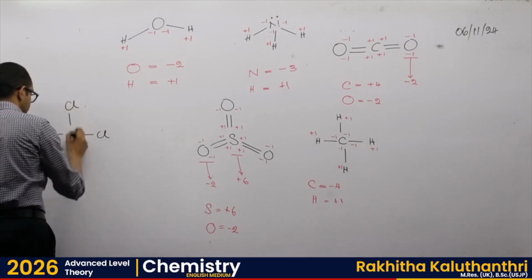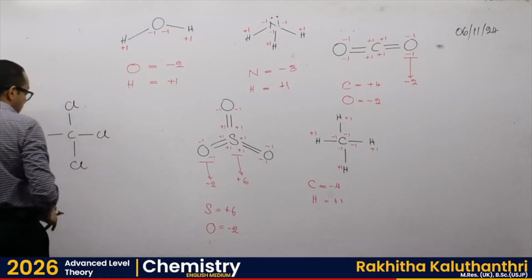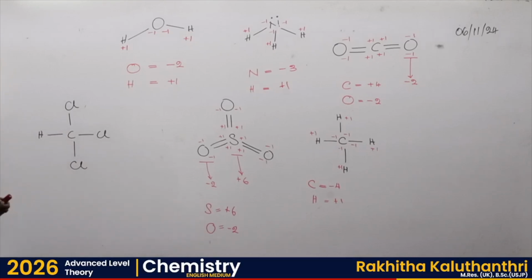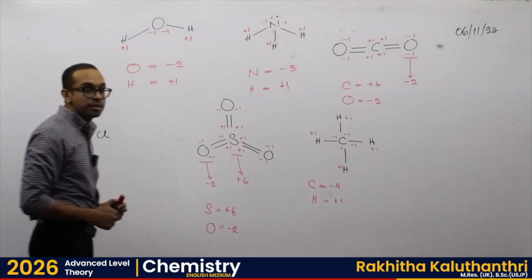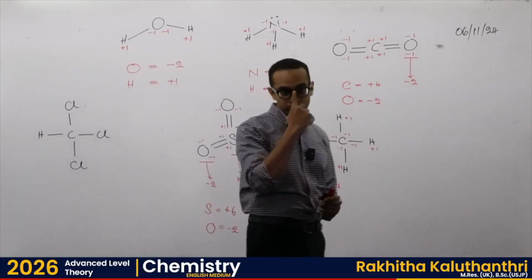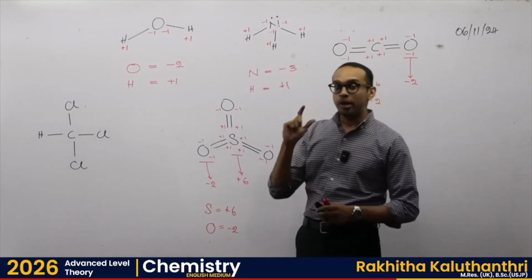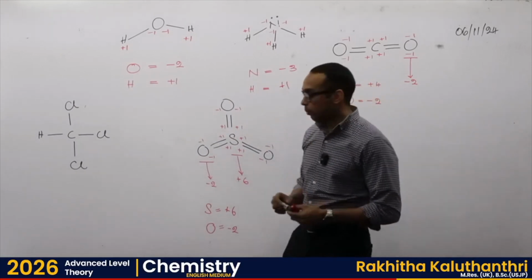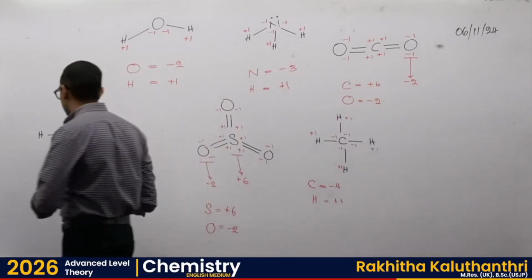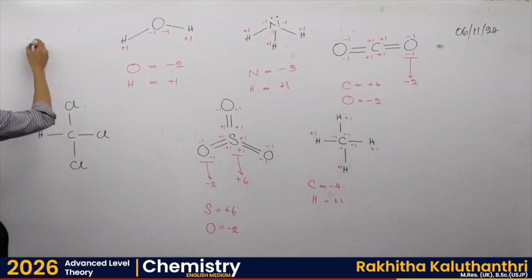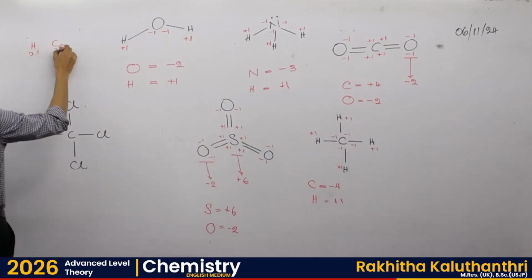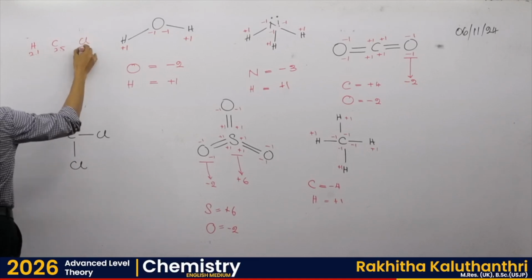Can someone tell me the electronegativity of chlorine? What is the electronegativity of chlorine? 3.0. So we have hydrogen 2.1, carbon 2.5, chlorine 3.0.